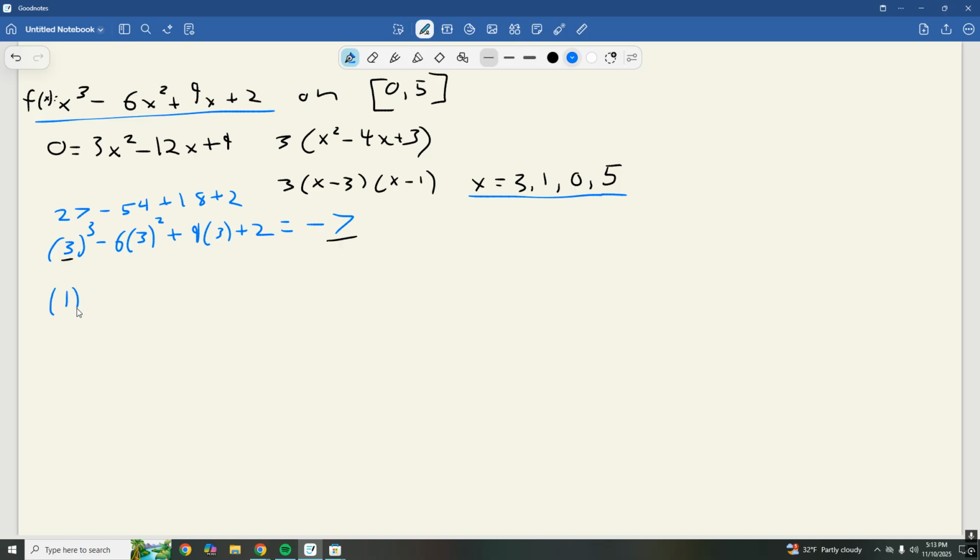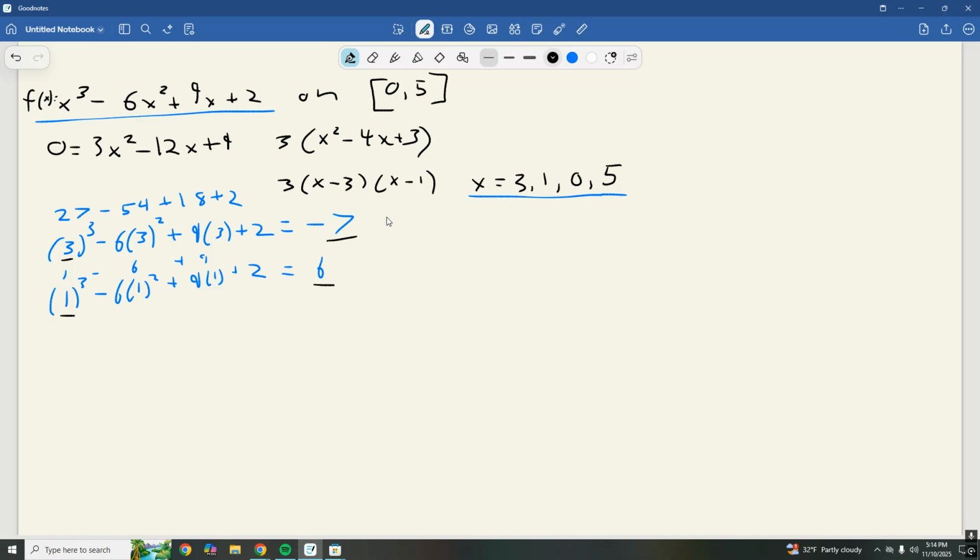So now we plug in 1: 1 to the third, which is 1, minus 6 times 1 to the second, which is 6, plus 9 times 1, 9, plus 2. So this is going to be negative 5 plus 9, 4, plus 2 equals 6.